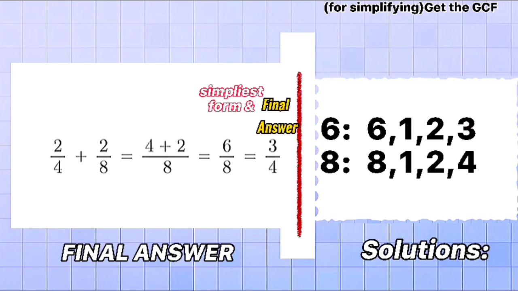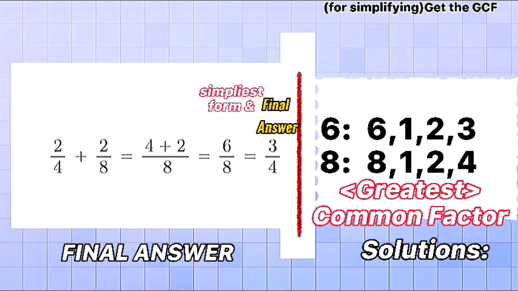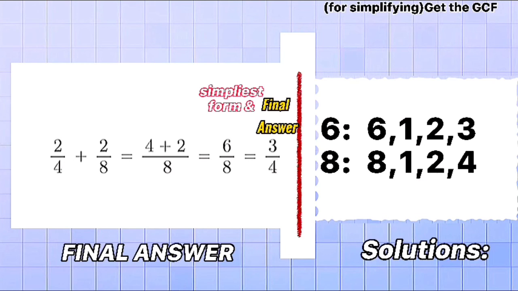The GCF of 6 and 8 is 2, not 1. This is because 2 is greater than 1 in symbol, and we are looking for the greatest common factor. So we now have a GCF of 2.